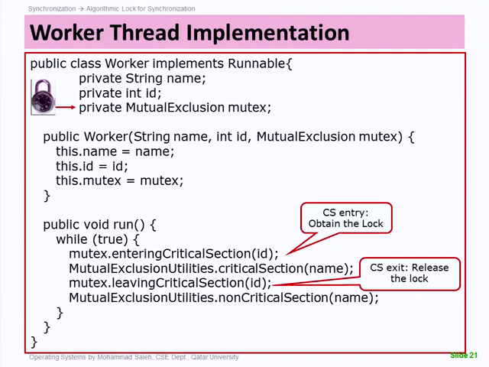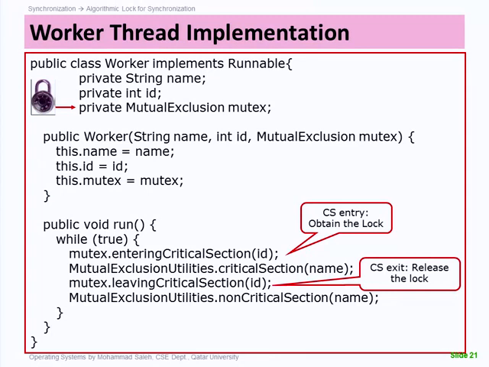It receives an ID and a name, okay? And what does this thread do? It enters the critical section, which is here, and executes the critical section. Executing the critical section is actually being busy for a while, correct? So this is a utility method that does the sleeping.